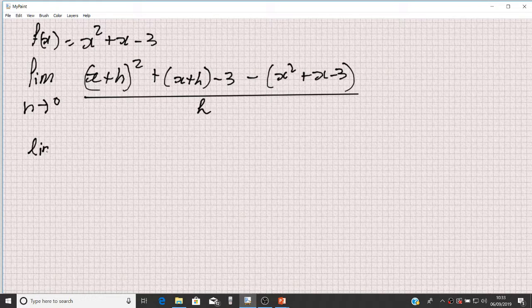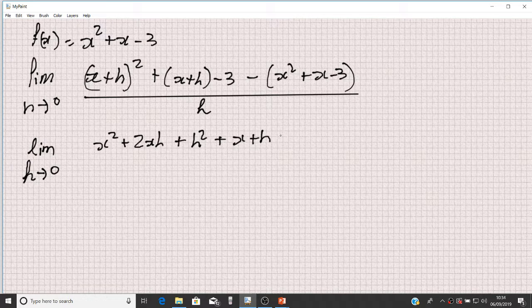So we've got the limit as h approaches 0 of x squared plus 2xh plus h squared plus x plus h minus 3 minus x squared minus x plus 3.